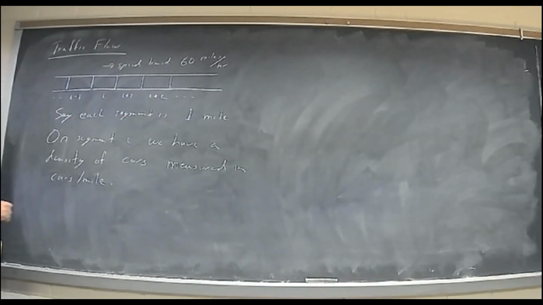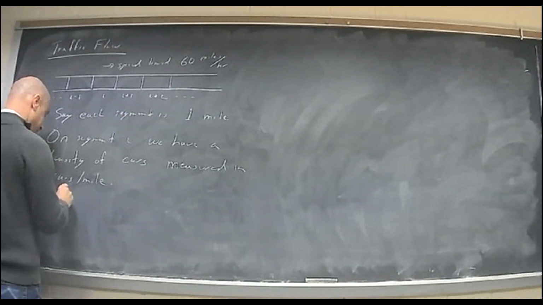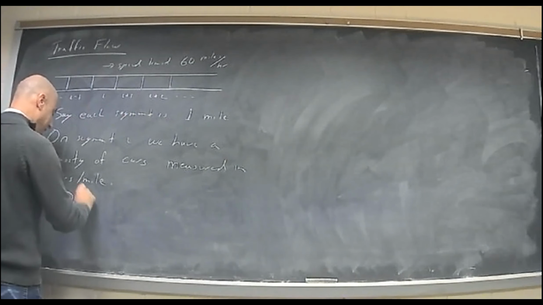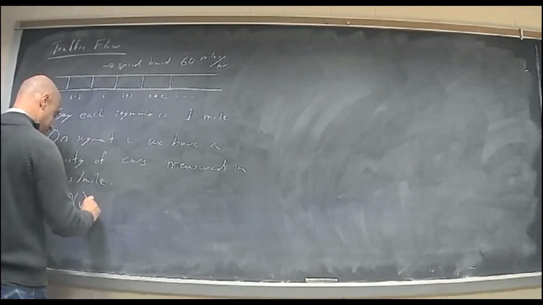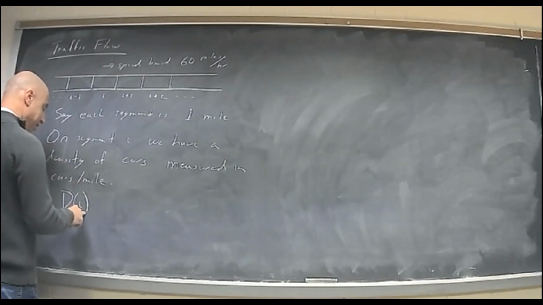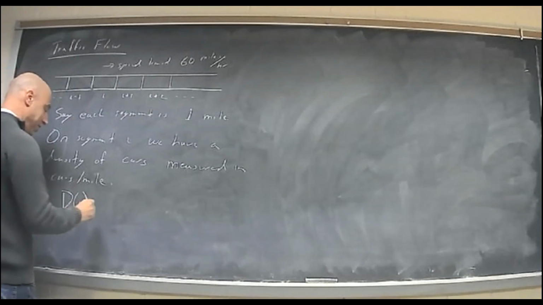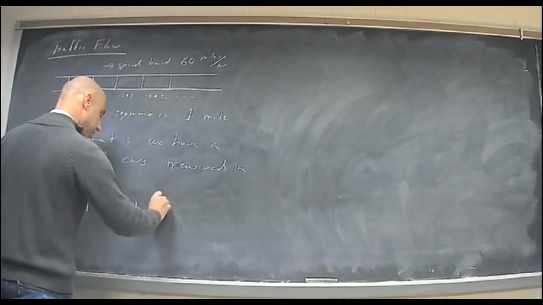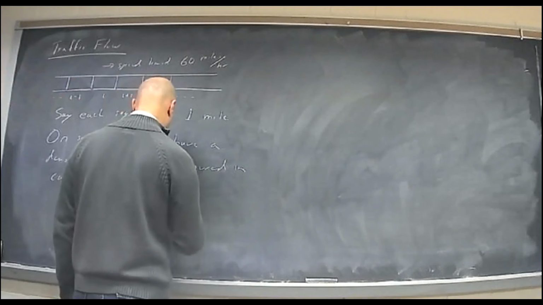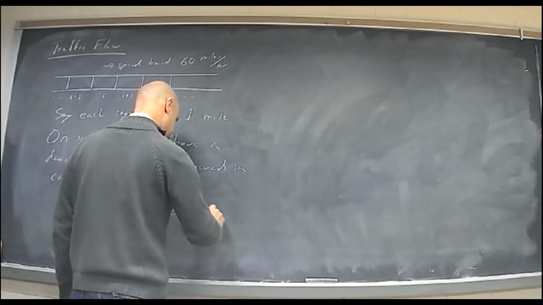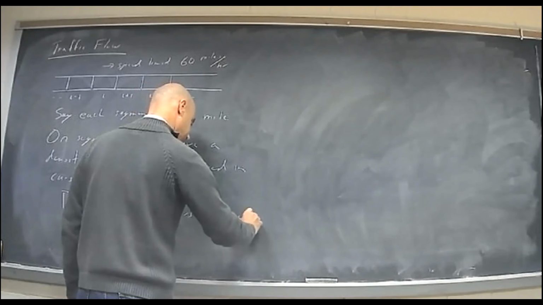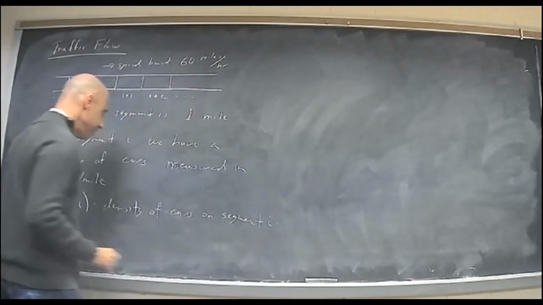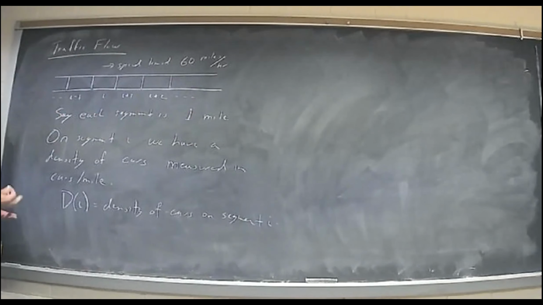So let's say the density on segment I is denoted D with I in parentheses. So this will be the density of cars on segment I. So if D of I is 30, there are 30 cars on segment I.